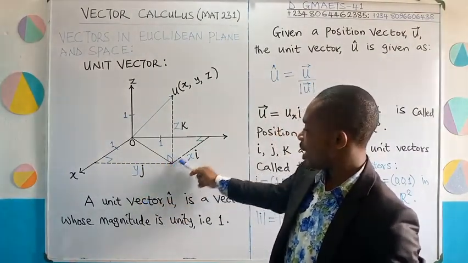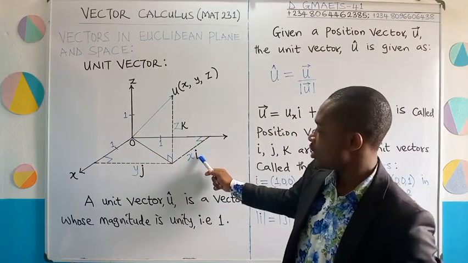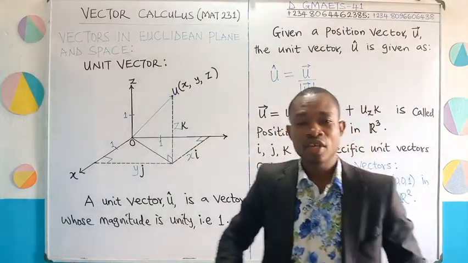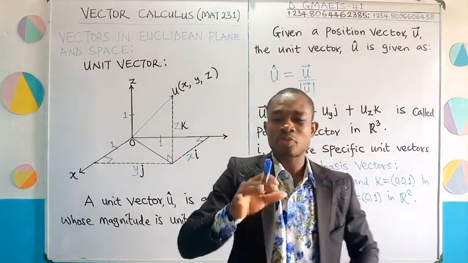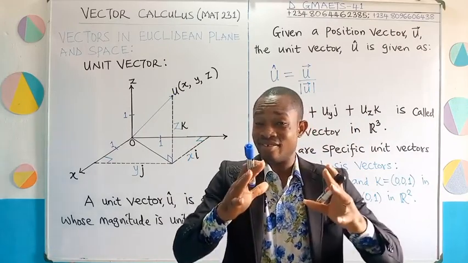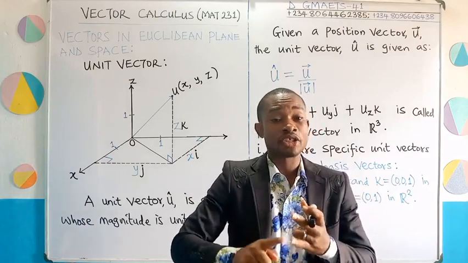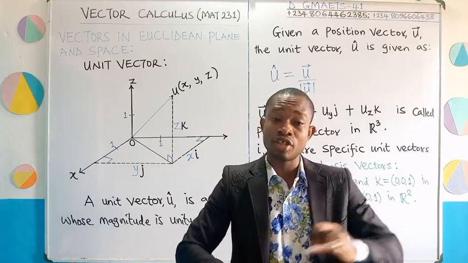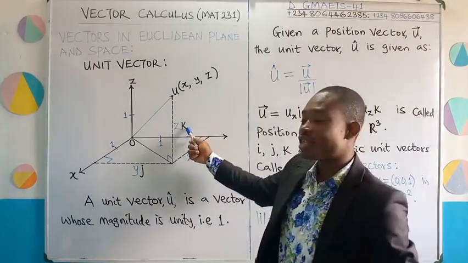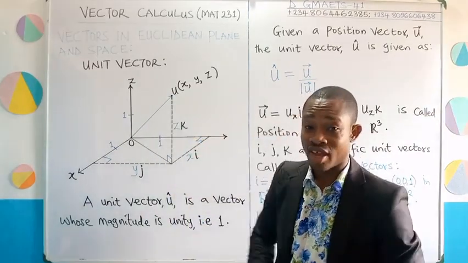Along the x-axis, this line is parallel to this, so it's the x-axis, I've introduced i. And along the z-axis, I've introduced k. These i, j, k are specific unit vectors. They are given to us as a standard. i shows us the direction in the x-axis, j the direction in the y-axis, and k is the unit vector which tells us the direction in the z-axis.